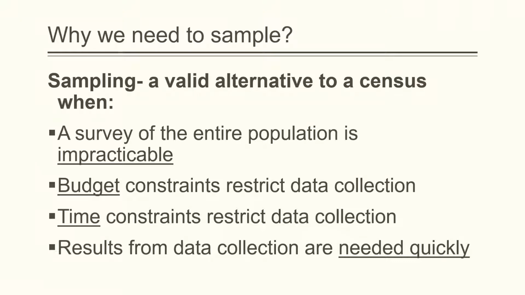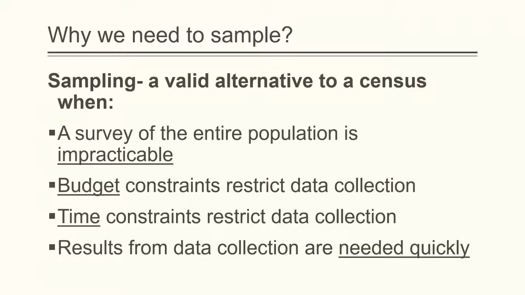We also have time constraints, which restrict the data collection, and the results from the data collection are needed quickly. So, if the data you collect are the same as you would get from the rest of the population, then you can draw conclusions from those answers which can be related to the whole group. So that's the essence of why we need to sample.